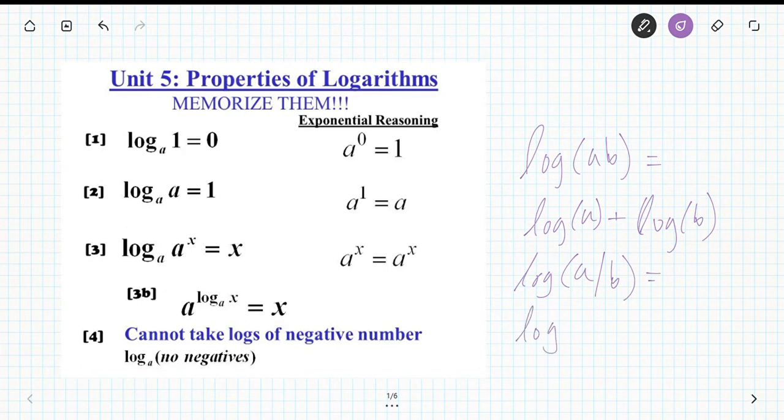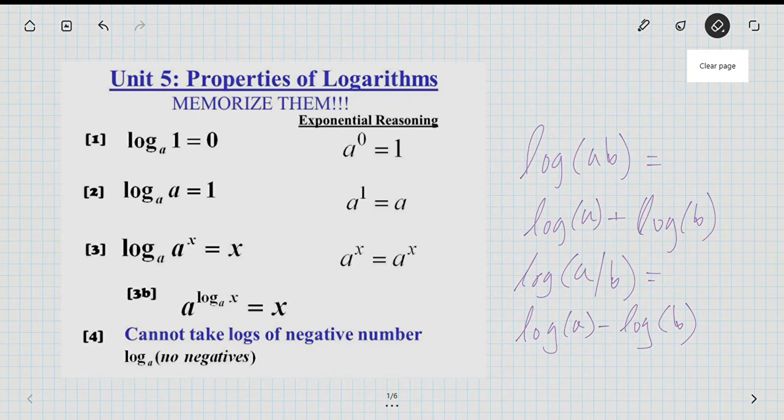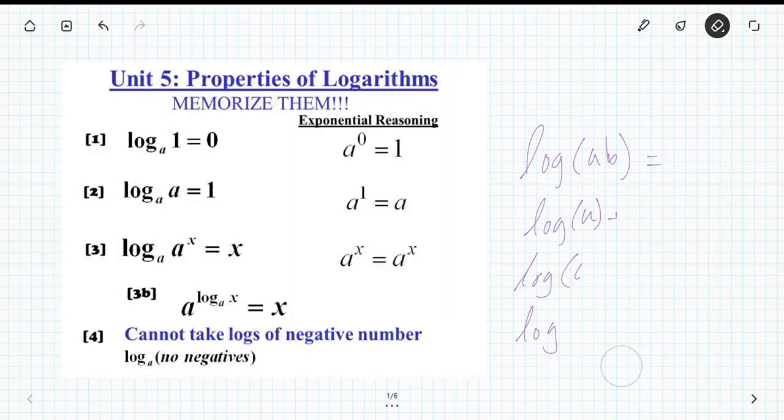So the log of A minus the log of B, okay? And so those are the two properties of logs that turn a product into a sum and a quotient into a difference, right?